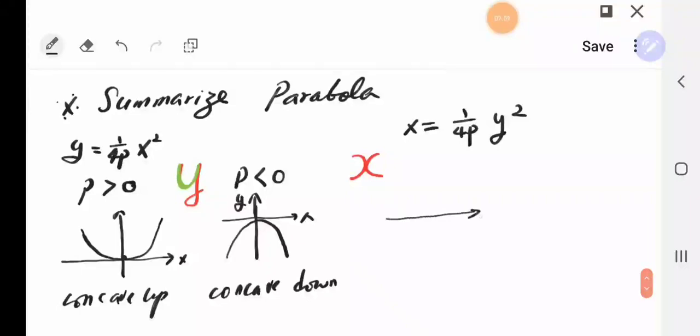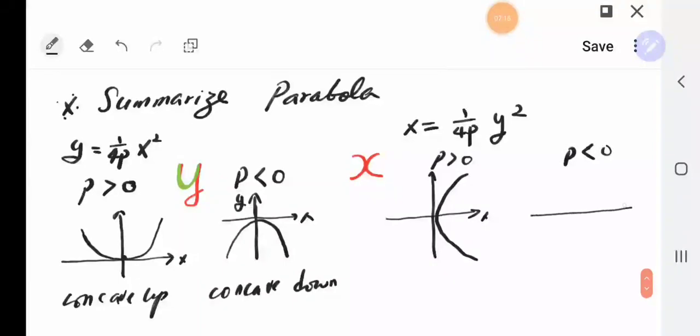So here is x-axis and the y-axis. Okay, if p is positive, then the graph opens to the right. If p is negative, then the graph opens to the left.